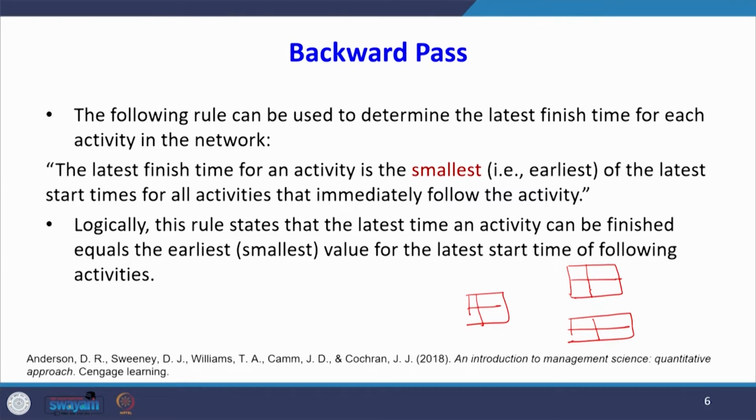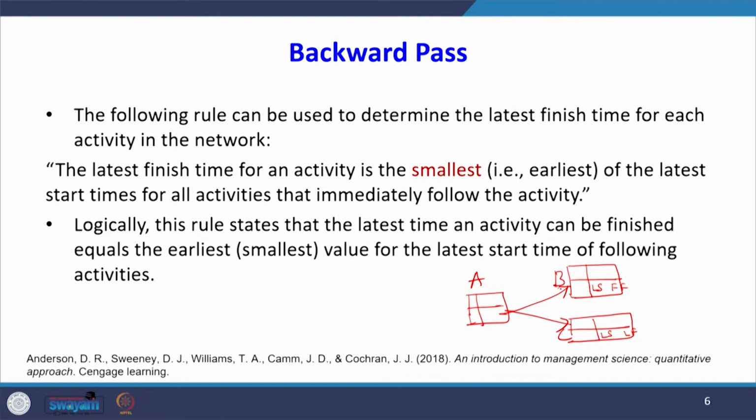What we have to do here: we know this is the latest starting time and latest finishing time, and this is the latest starting time and latest finishing time. Assume that this is A, this is B, this is C, and the arrows go like this.